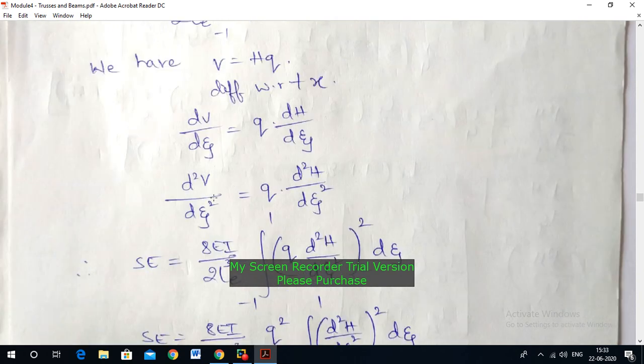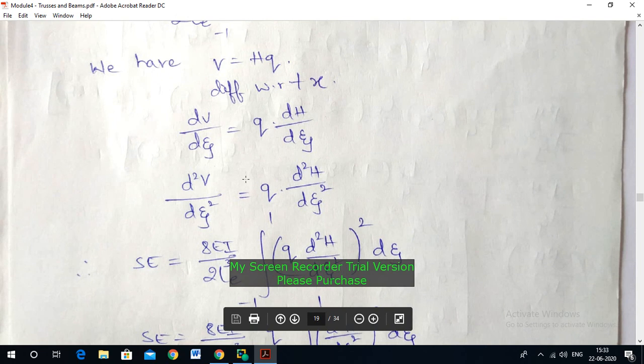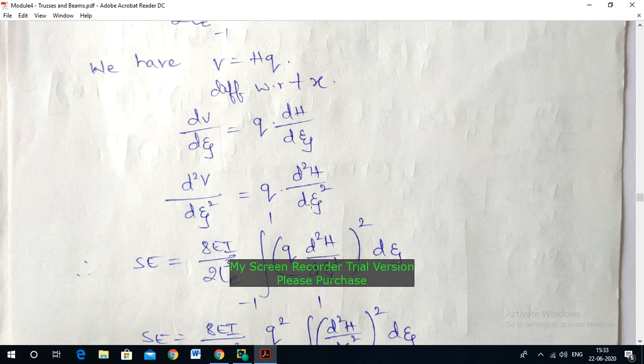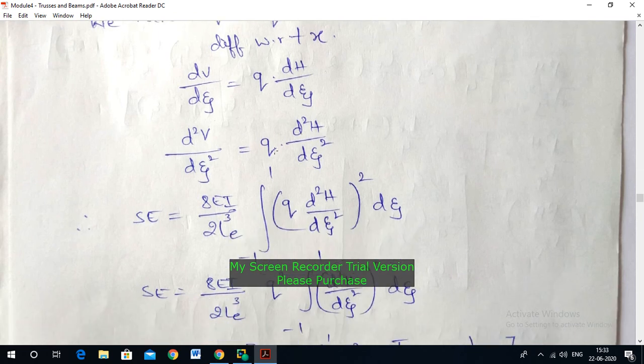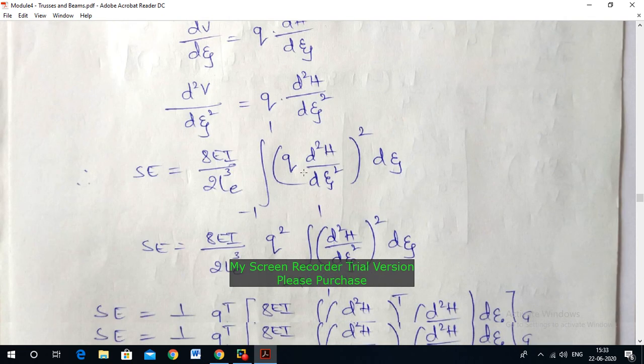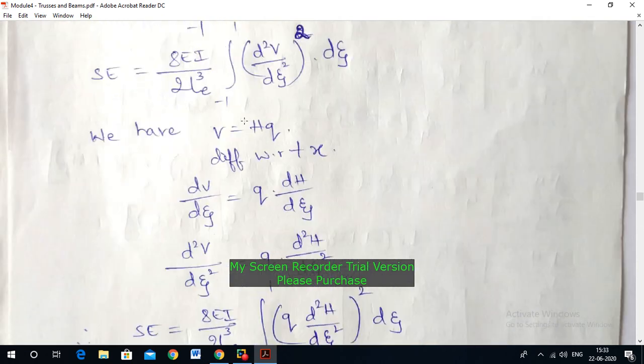Therefore d square v by d zeta square, again differentiating the same equation, I will get q into d square H by d zeta square. Sorry, differentiating this equation with respect to zeta, you can strike it and make the correction as zeta. Therefore d square v by d zeta square is equal to q into d square H by d zeta square.